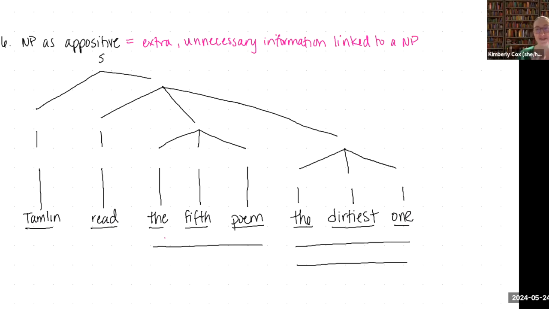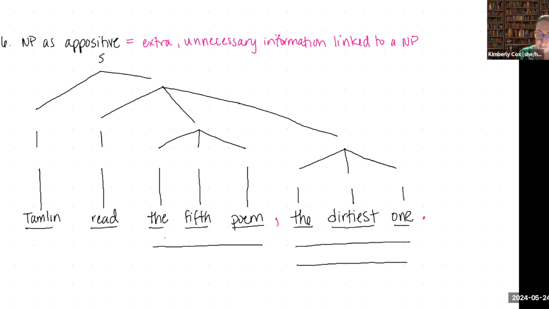And I want to talk to you briefly about punctuation. So in these form function trees, I haven't been using punctuation. If I were, there would be a comma here and a period here. And this is important because in this sentence, Tamlin read the 5th poem, comma, the dirtiest one. I like to think about commas as thumbtacks that tack in additional information to sentences that's non-essential information.